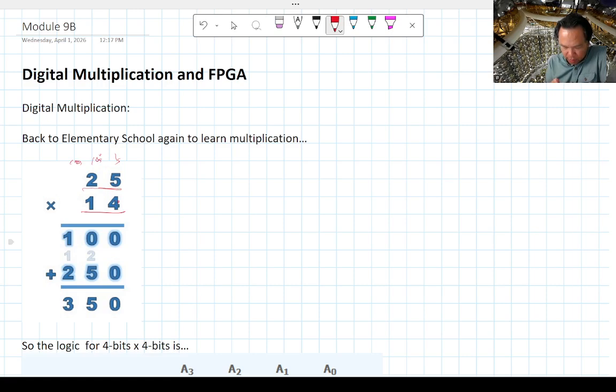What you do is you take this number right down here, take 4 multiply by 5, and then take 4 multiply by 2, and you add them together. So you're doing 2 steps of multiplication, 4 times 5 and 4 times 2. And then the result of that, you add them together, right?